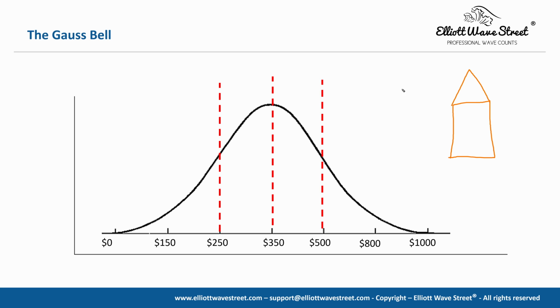And after collecting the data of, let's say, the last 5 or 10 years, I came up with all this data, and I can tell that the price of a house in this neighborhood, the average is 350K, let's say. So that's the average.